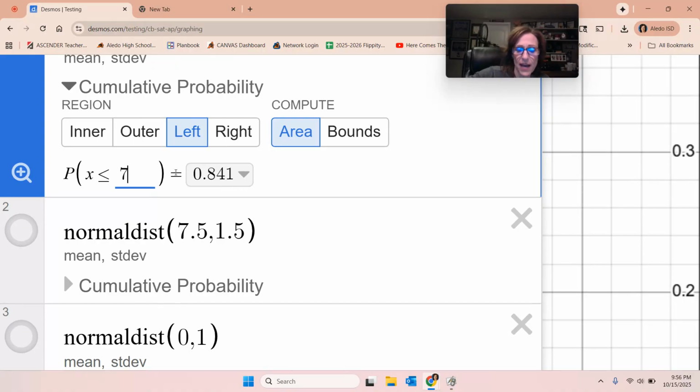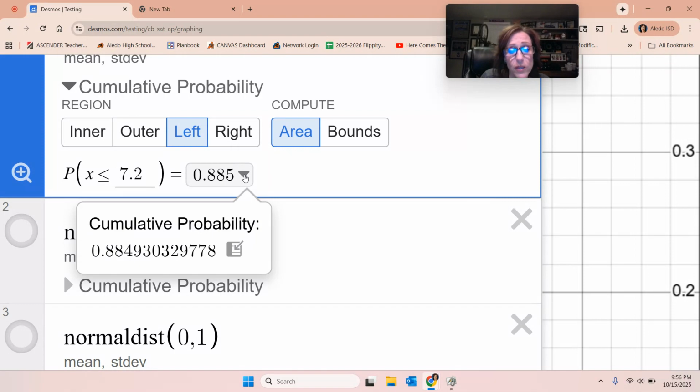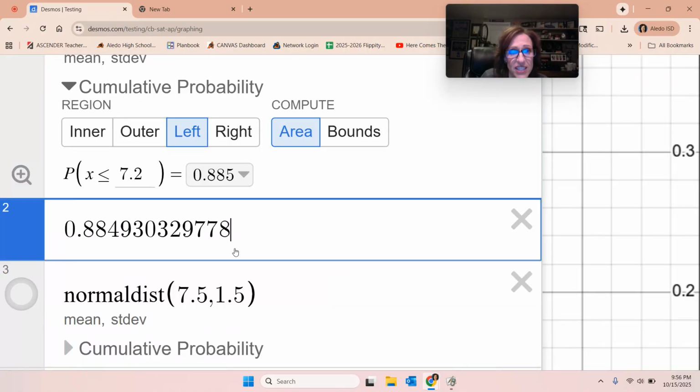But we were asked about a 7.2 ounce apple, okay? And then it comes up, this is the percent, and you have to, of course, move the decimal twice or multiply this decimal by 100 to get the percent. But I want you to do 4 decimal places. As you can see, you're only able to visualize 3 decimal places here, but watch this. If I click this little arrow, and then I usually click this right here, and it'll snapshot that and put it right here.